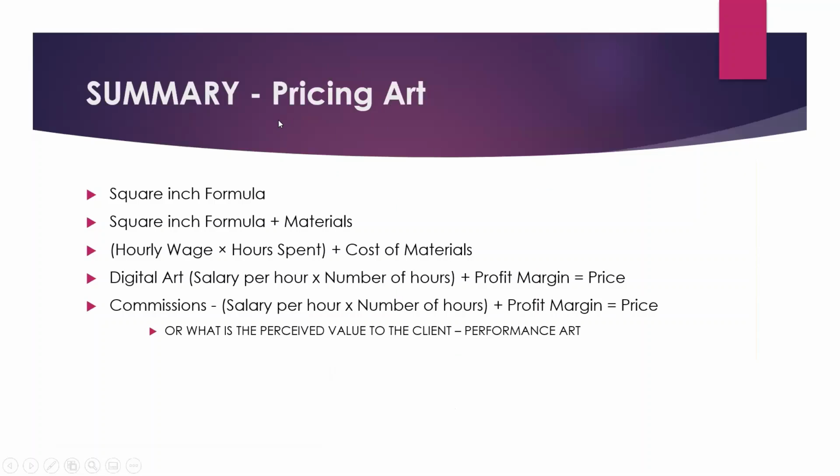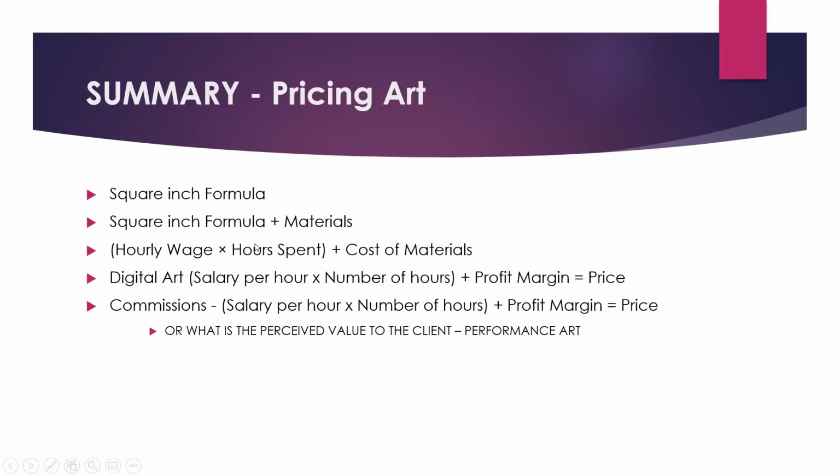So in summary, for pricing your art, you can use a square inch formula to make sure that the pricing is objective. The square inch formula plus materials is another objective way to price the work. Another method is hourly wage times the hours spent plus the cost of materials.